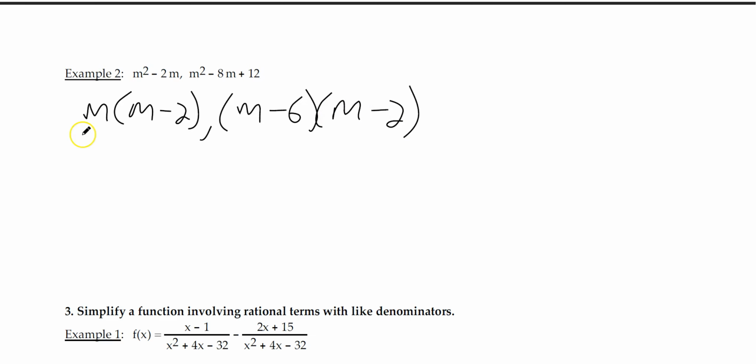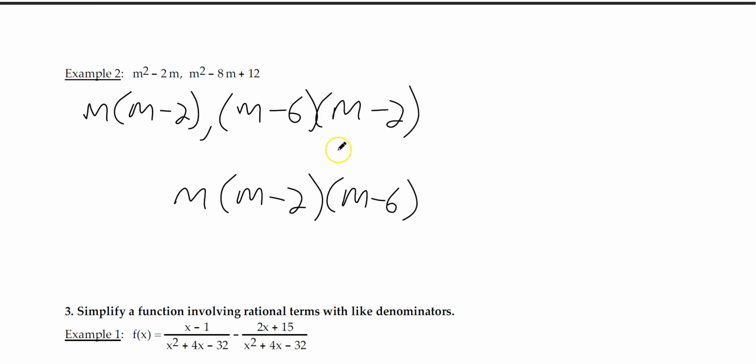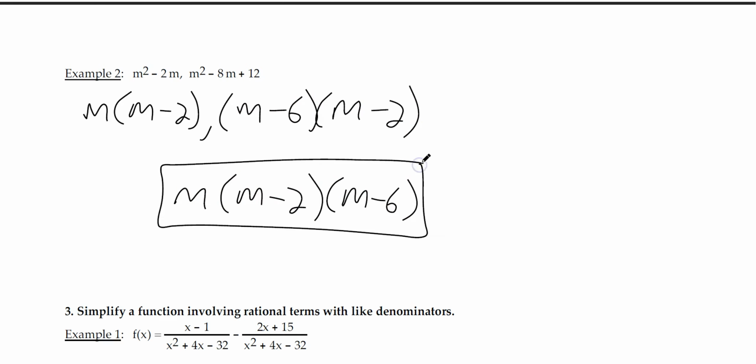Okay, so the first one can contribute an m and an m minus 2. It now sees itself reflected in the least common multiple. The m minus 6 can be contributed, and then the m minus 2 is already there. So the second one can also see itself reflected in this answer. This is the least common multiple.